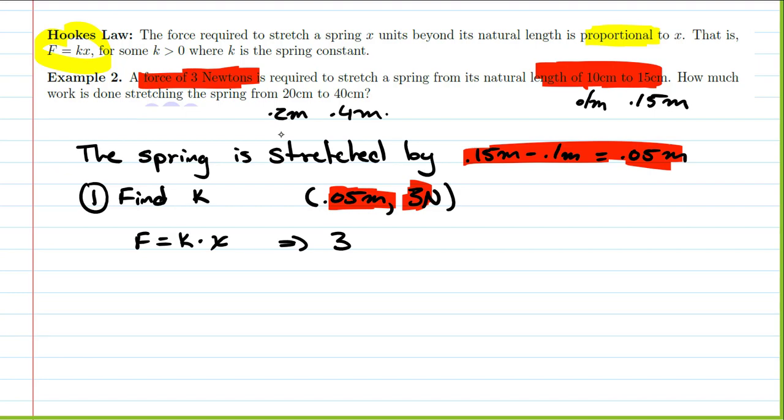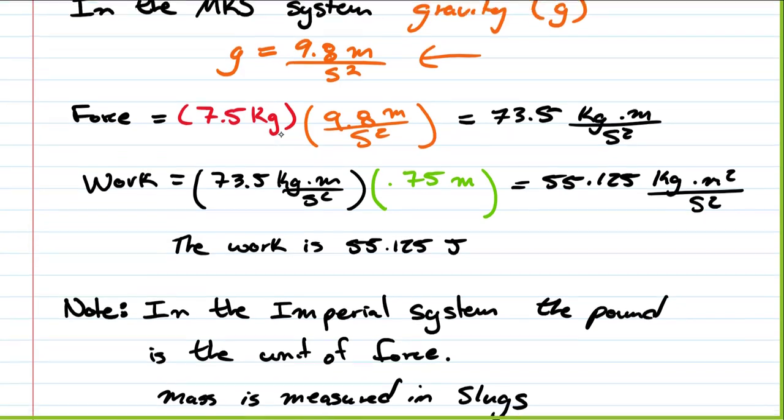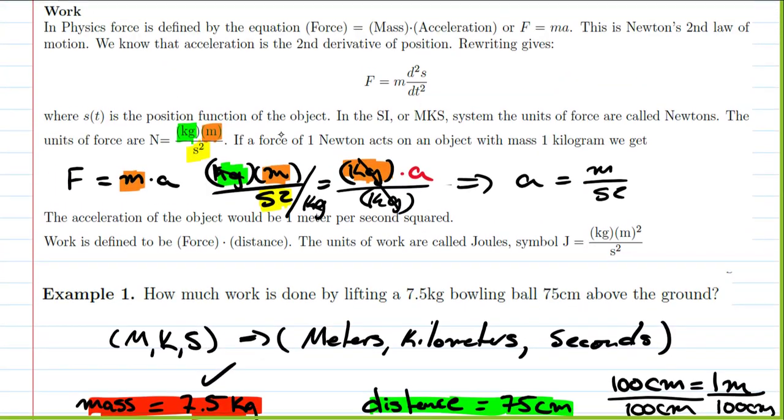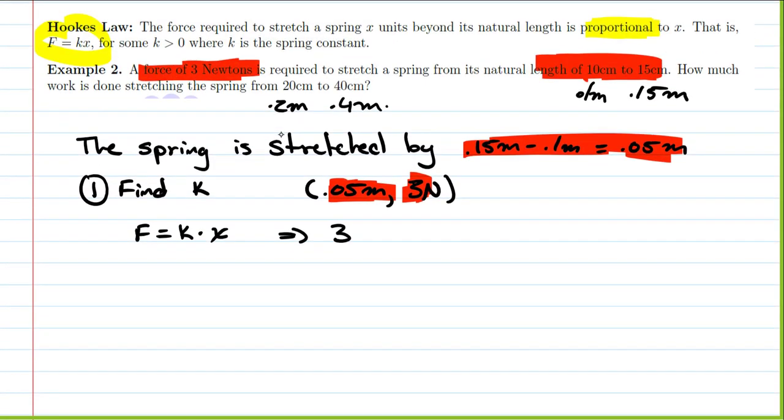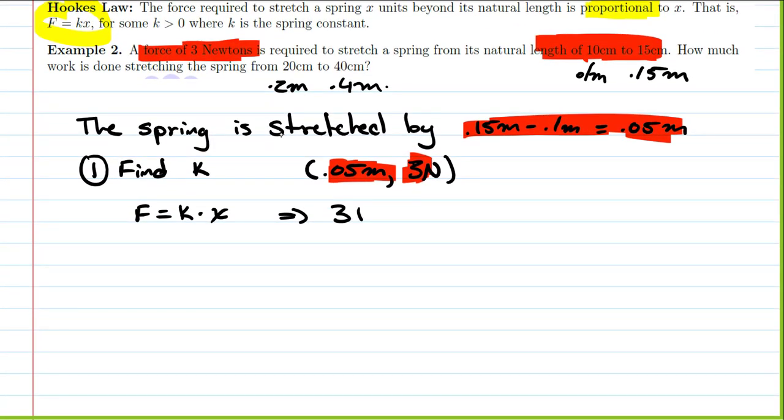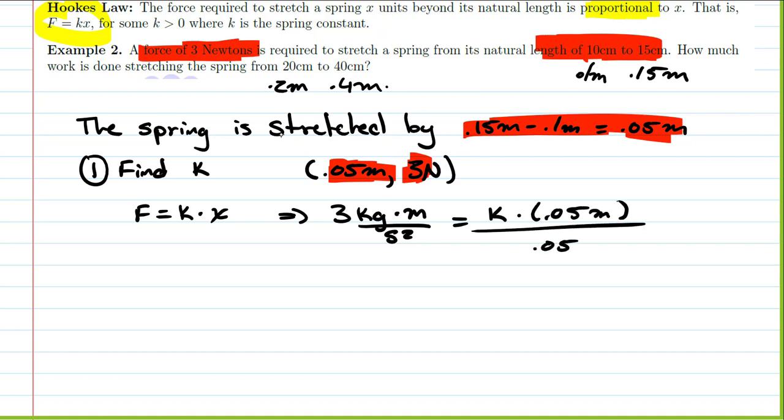F is equal to k times x gives us 3 newtons. And to be very, very explicit, what was a newton again? A newton is a kilogram meter per second squared. That is equal to k times x, which is 0.05 meters. So we divide both sides of our equation by 0.05 meters.